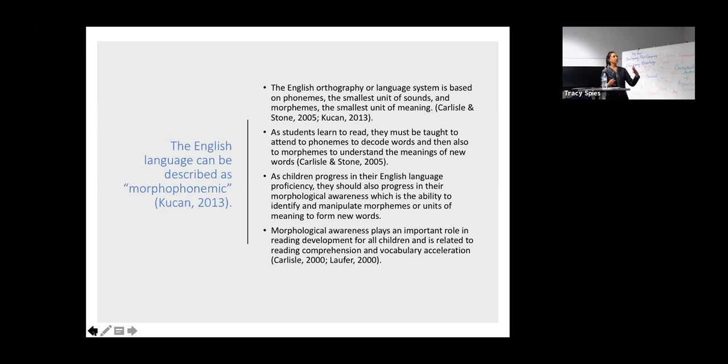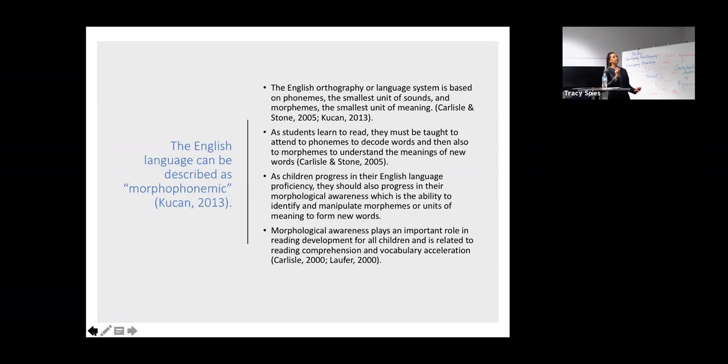I said the English orthography or language system is based on phonemes, the smallest units of sound, and morphemes. Well, there was the definition right there, the smallest unit of meaning. As students learn to read, they must be taught to attend to both the phonemes, to decode words, but also to the morphemes, to understand the meanings of new words.